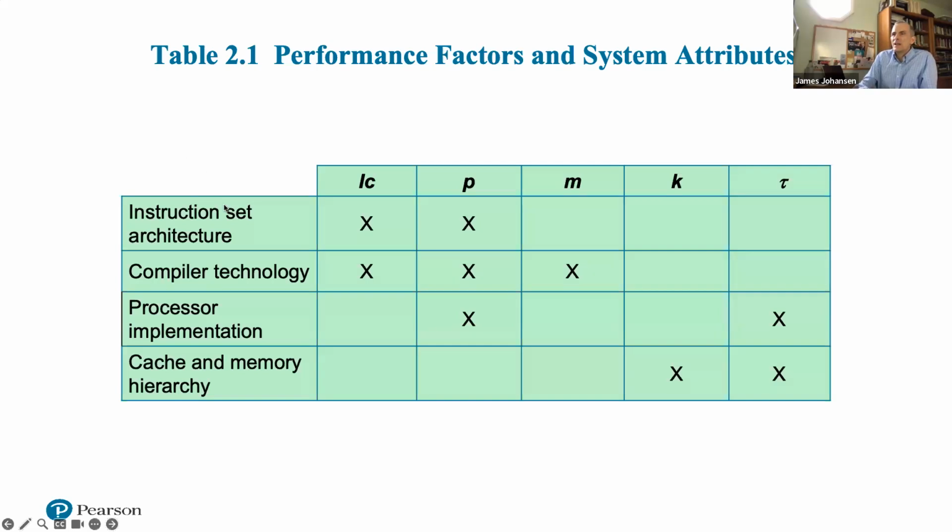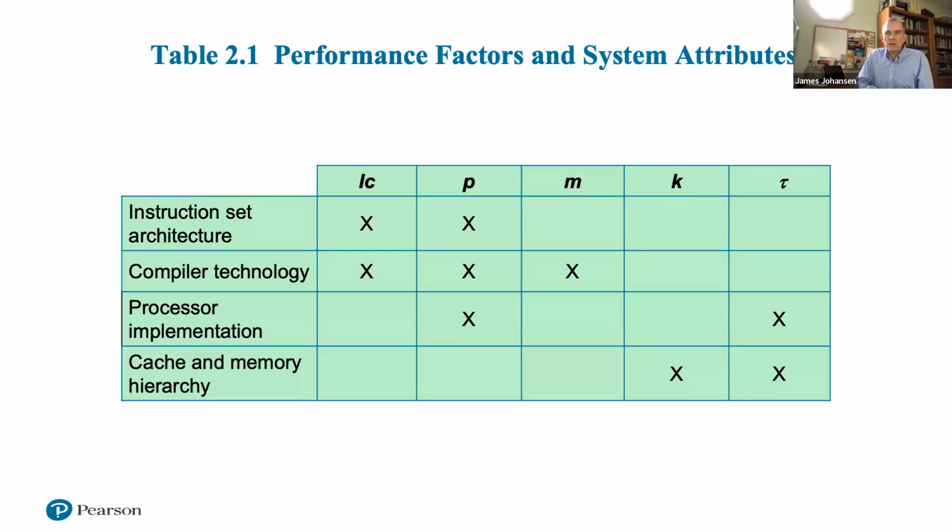ARM goes in the direction of a simple set, so not as many instructions, while Intel, and AMD following in the footsteps of Intel, has a more elaborate instruction set, to try and optimize at that level and see how that impacts performance. So it's a dichotomy.